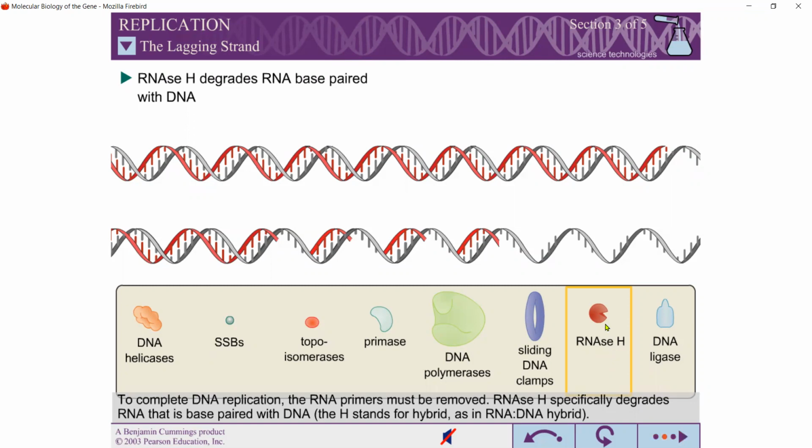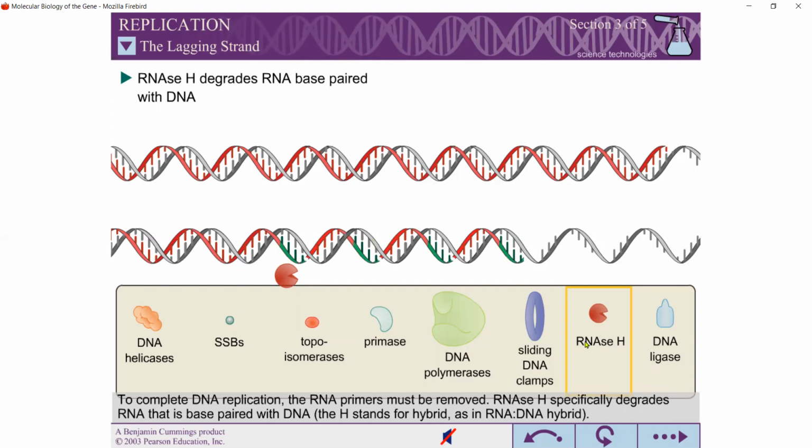RNase H means any enzyme that can recognize an RNA which is complexed with a DNA. So let's look here. The green color is the RNA, and this RNA is bonded to a DNA molecule. So it's an RNA-DNA hybrid, and hence the name H. This enzyme is capable of identifying those RNA molecules which are bonded to DNA molecules in a hybrid pattern.